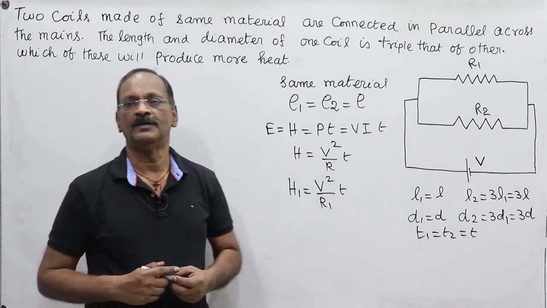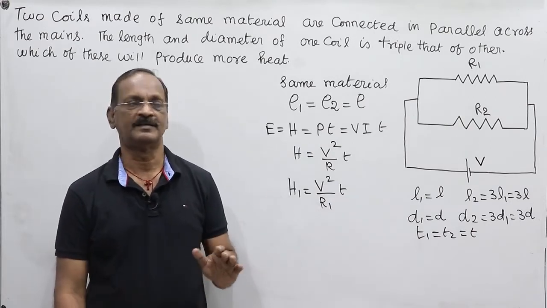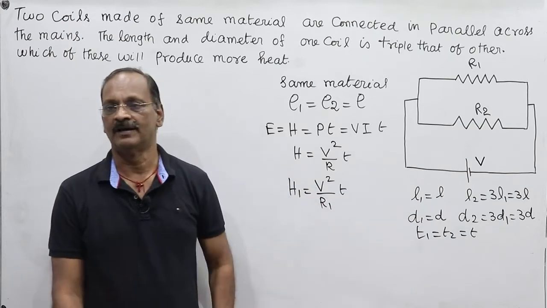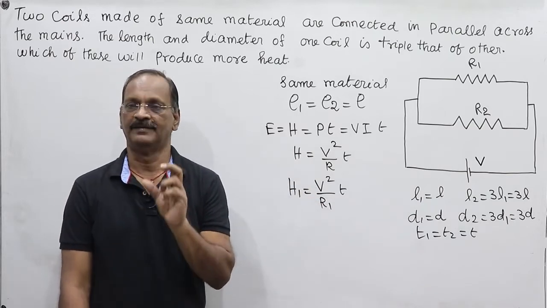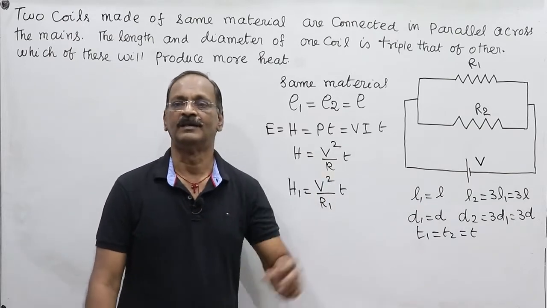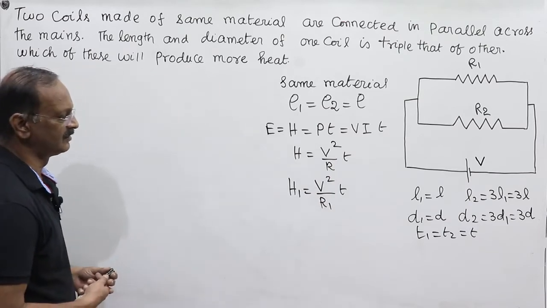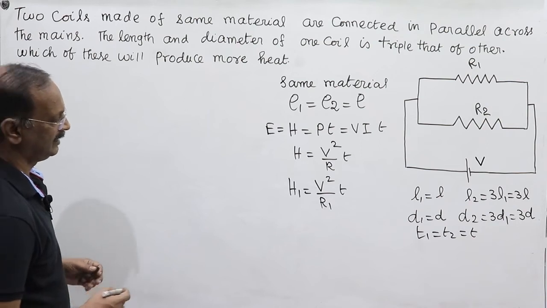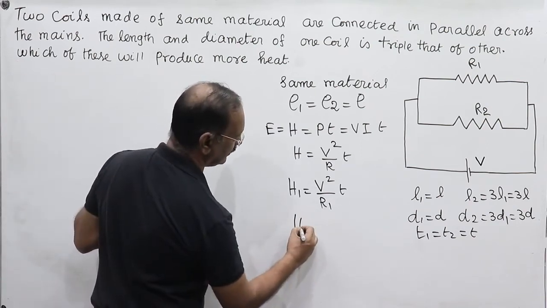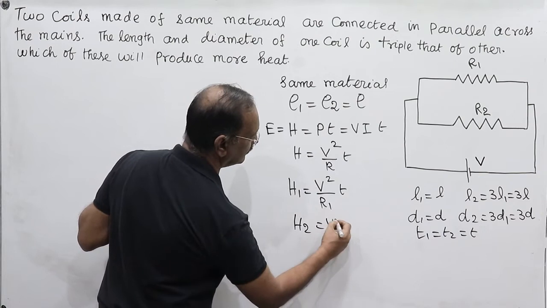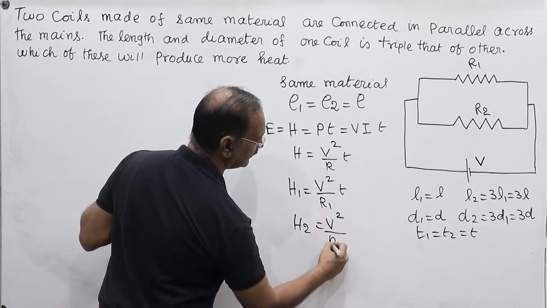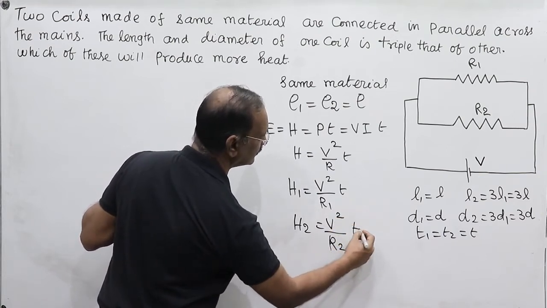The current will be passed in this coil as well as this coil at the same time, so that we can find out which coil is producing more heat in a given time. So T1 is equal to T2 is equal to T. And H2, what is H2? H2 is equal to common potential V square divided by the resistance of coil 2 into time.